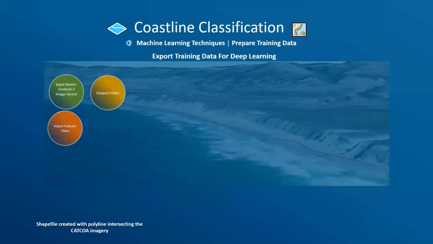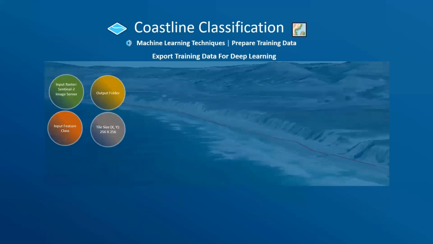So like that, we need to create different input feature classes for different categories of coastline, manually visualizing, or the area where you want to get more accurate training data.